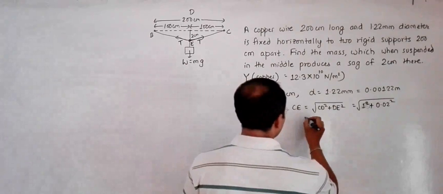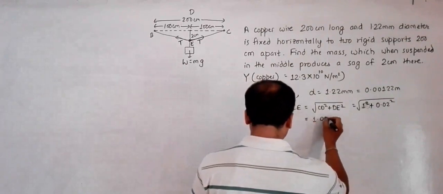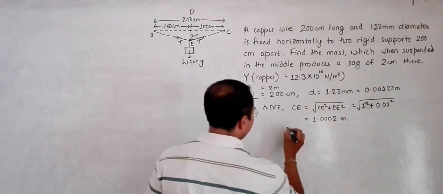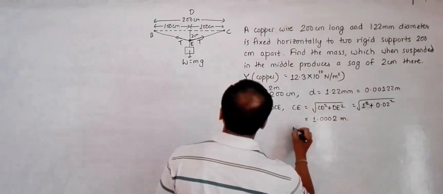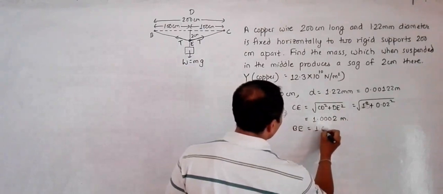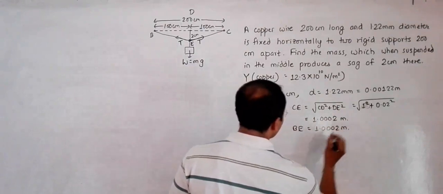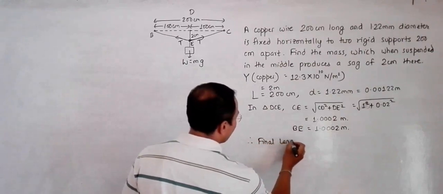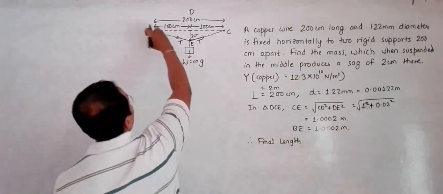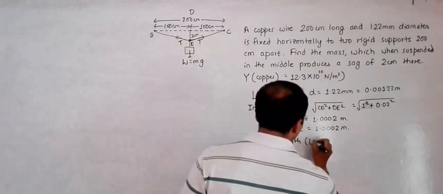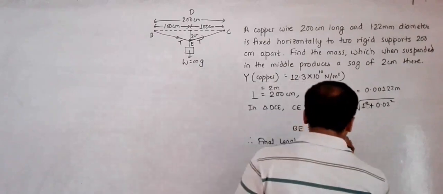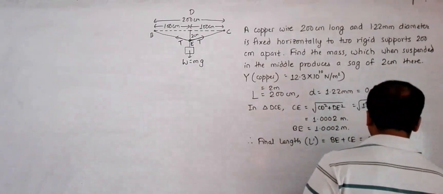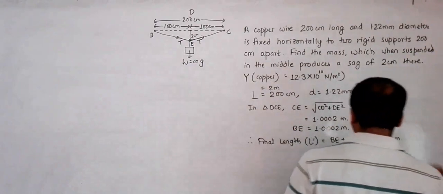Its value comes out to be 1.0002 meters. In a similar manner, BE is also equal to 1.0002 meters, which gives us the final length of this wire, from here to here. This L prime is equal to BE plus CE, which will be 2.0004 meters.